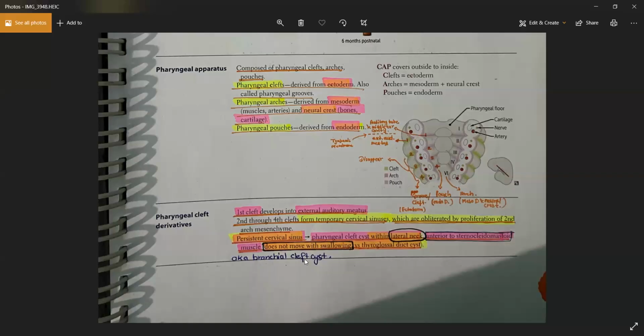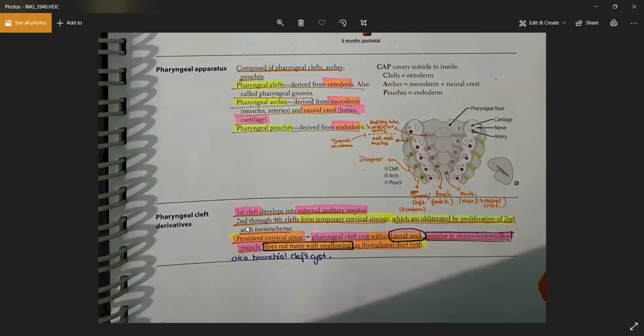The dermoid cyst will be found in early childhood or adulthood, not soon after birth, and it won't move with swallowing, right? So Step 1 will ask you why this branchial cleft cyst is forming. It will be because of improper obliteration of the second, third, and fourth pharyngeal clefts. Any doubt, please ask.